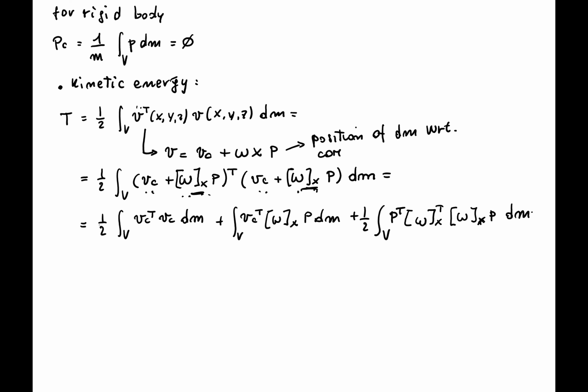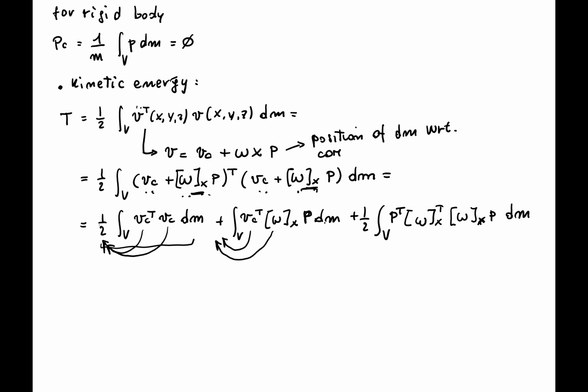Now, if we look at this integral, we see that the velocity of the center of mass does not depend on the integration position, so we can take it out of the integral. In this one, whatever doesn't depend on the integration position is Vc, and also omega. Of course p depends on the position.